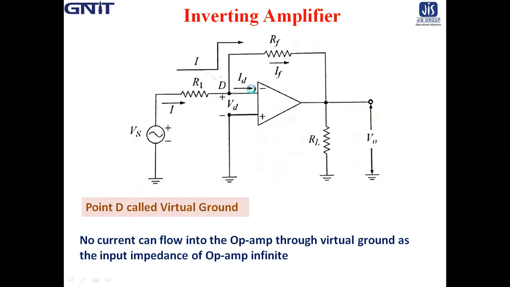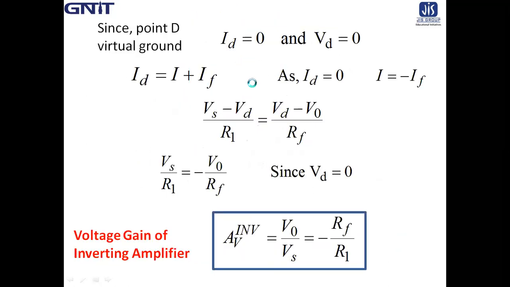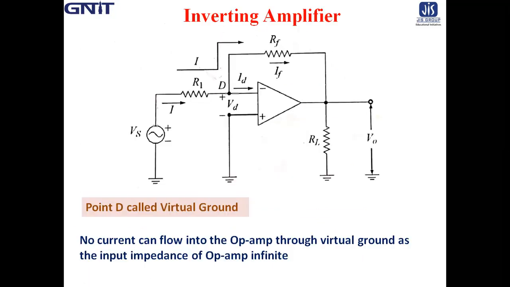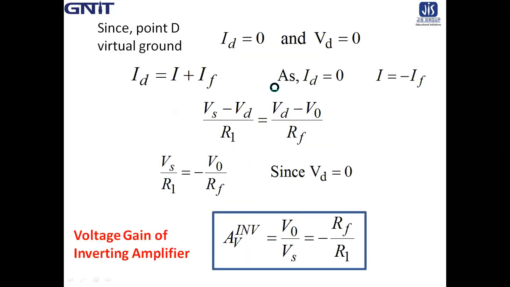Now ID is basically I plus IF. See the expression. Since point D is virtual ground, ID equals 0 and Vd again is 0. So from ID equal to I plus IF, with ID equal to 0, we can say that I equals minus IF.